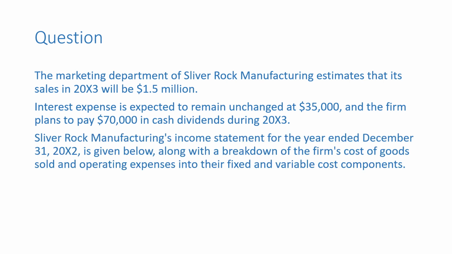Metroline Manufacturing's income statement for the year ended December 30th, 20X2 is given below, along with a breakdown of the firm's cost of goods sold and operating expenses into their fixed and variable cost components.